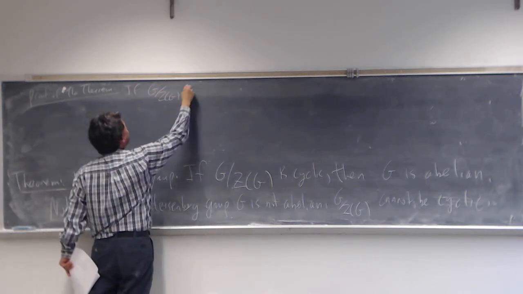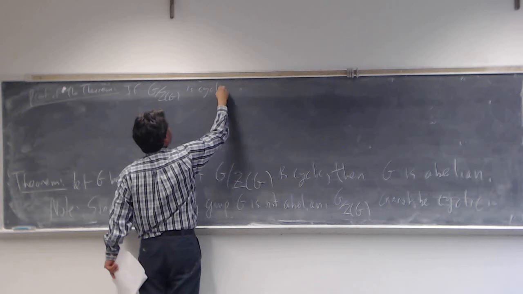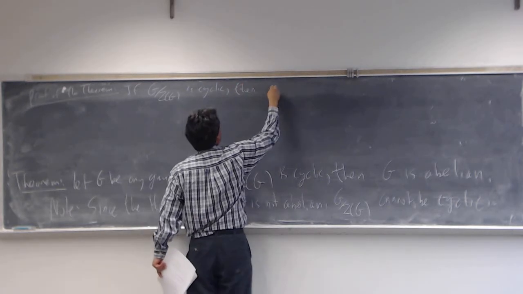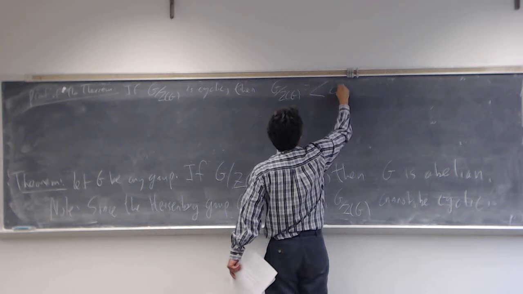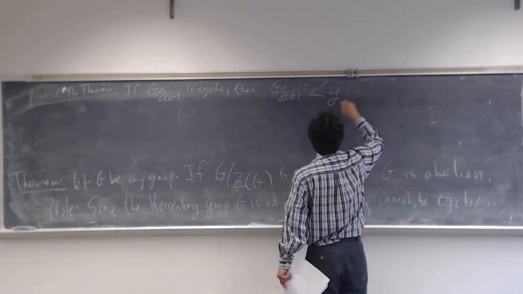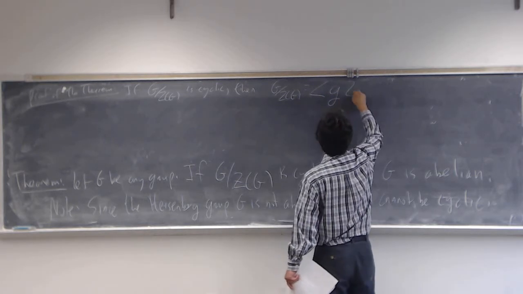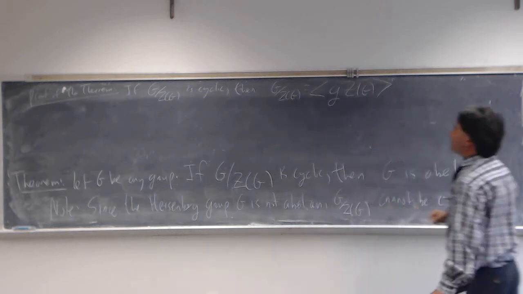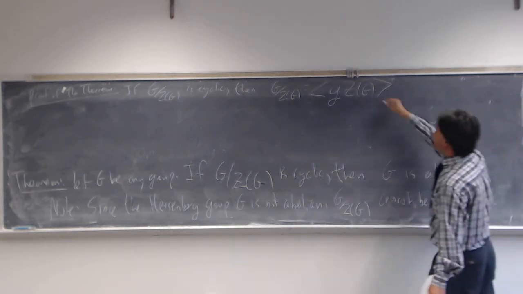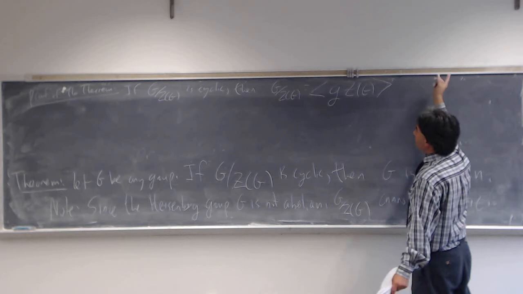So if G mod the center is cyclic, that means it's got to be generated by some coset.